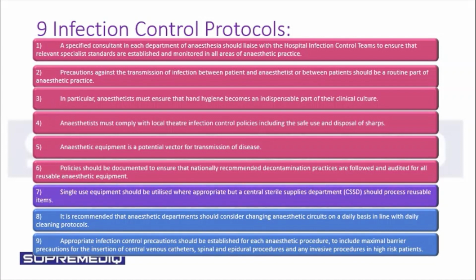It is recommended that anesthetic departments should consider changing anesthetic circuits on a daily basis in line with daily cleaning protocols. 9. Appropriate infection control precautions should be established for each anesthetic procedure, to include maximal barrier precautions for the insertion of central venous catheters, spinal and epidural procedures and any invasive procedures in high-risk patients.